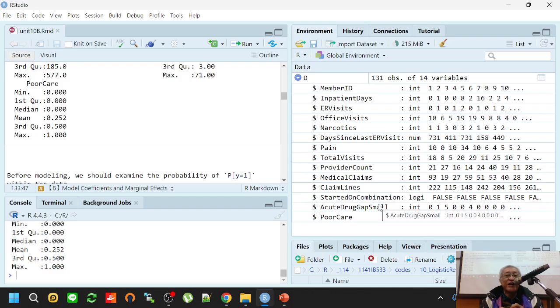This is actually the case of preventive medication. This data set is coming from a health insurance company.